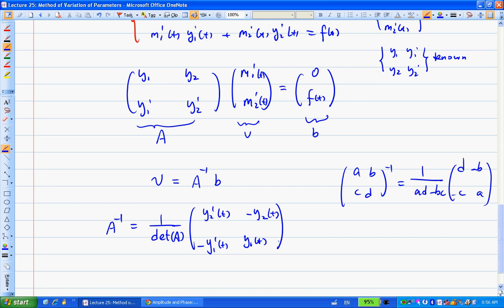There. So that's A inverse, right? That's A inverse. So A inverse multiplied by B should give you the solution, which is the vector V here. Okay? Is that clear?